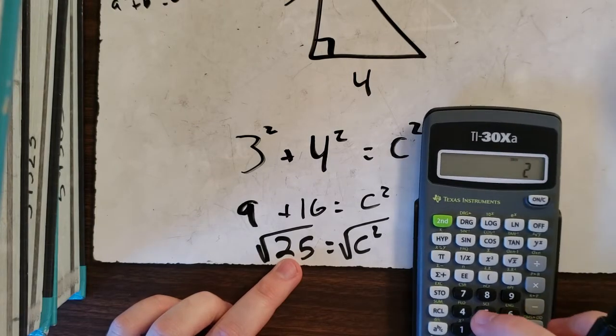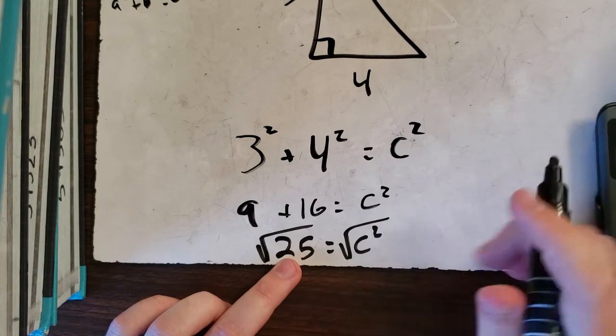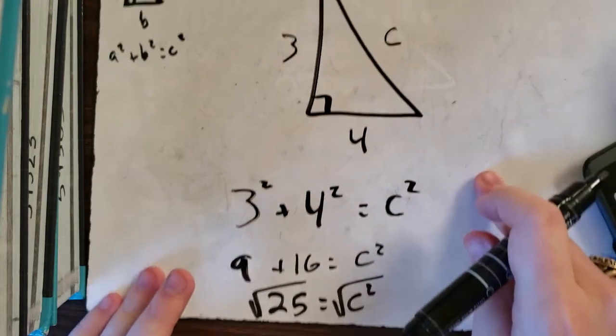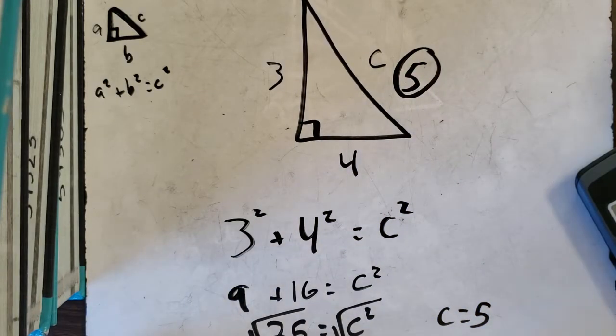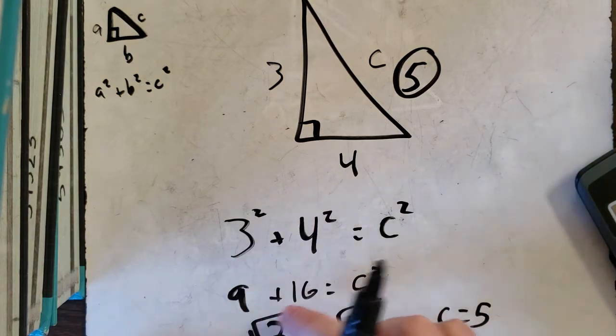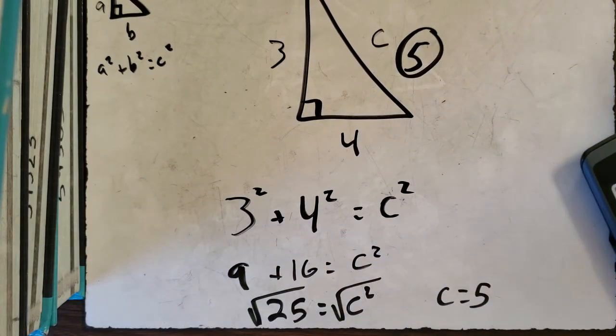If we take 25 and we square root it, our answer is 5. So C equals 5, and that's what would go here. Which makes sense, right? Because 9 plus 16 equals 25, and that's what we want.